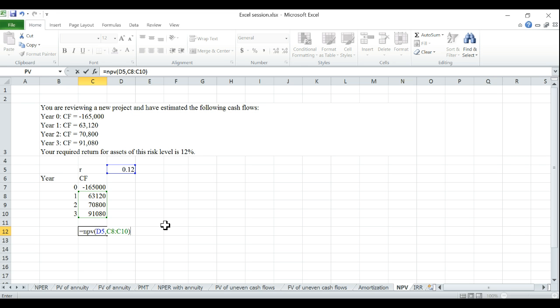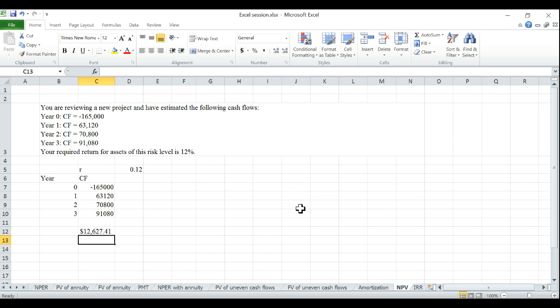I want to subtract this, but we've already put it in as a negative value. So I'm just going to say plus, but we are actually subtracting it, if you think of it. So that is the net present value of 12,627.